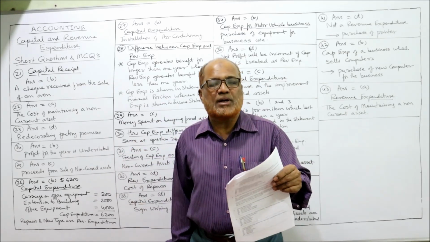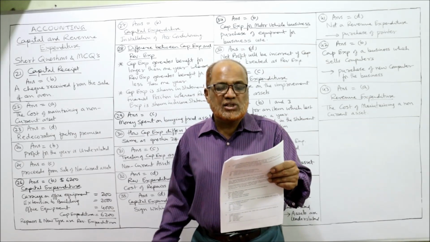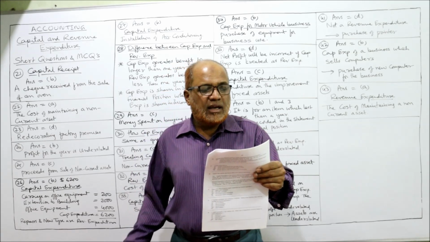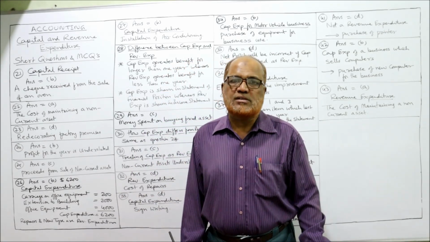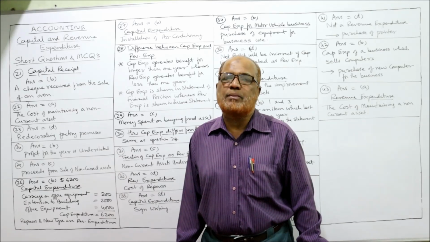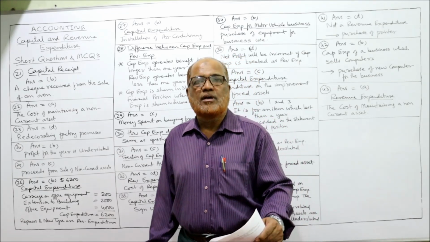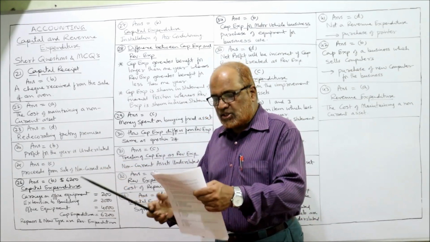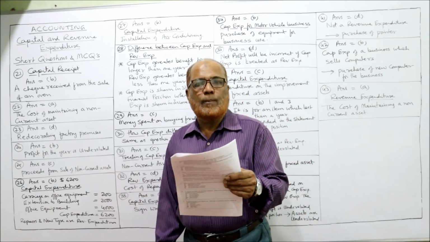It's a capital expenditure. The cost of purchasing factory premises is a capital expenditure. Redecorating factory premises is a revenue expense. So D answer is right. Redecorating factory expenses.